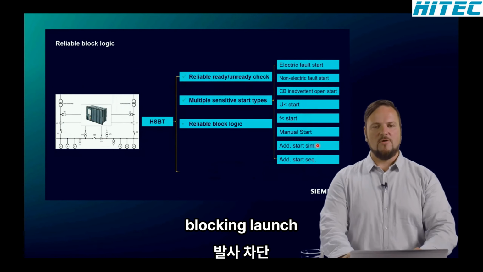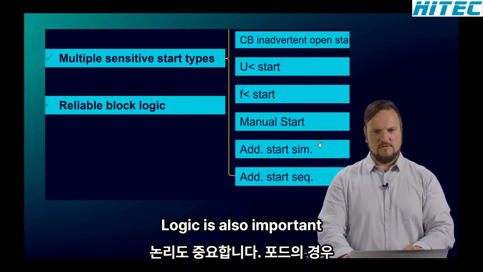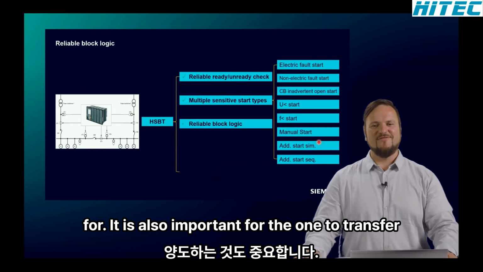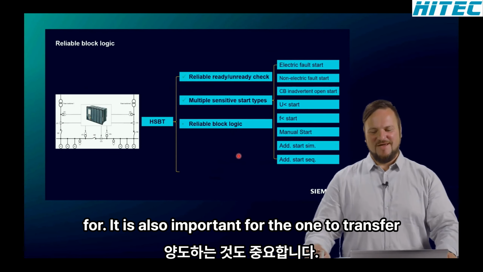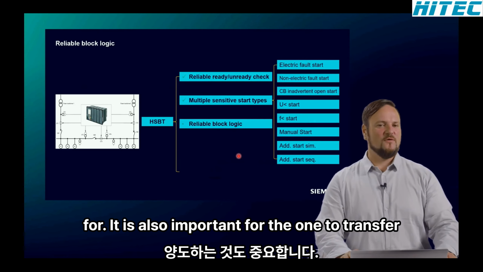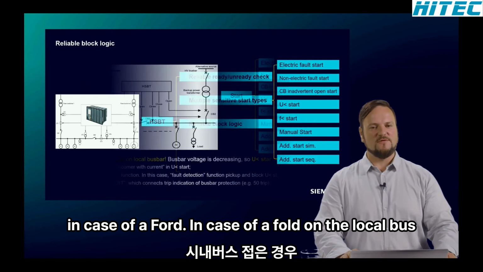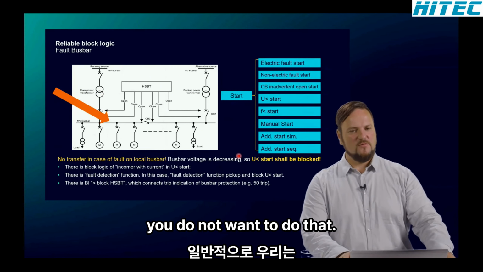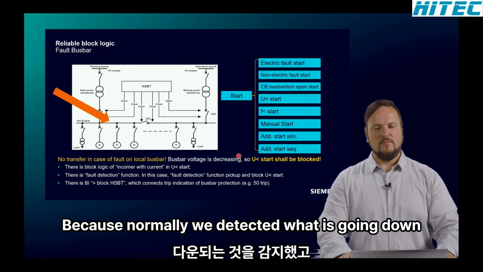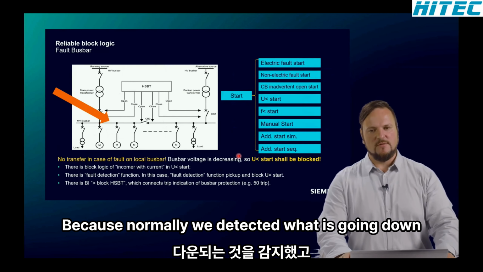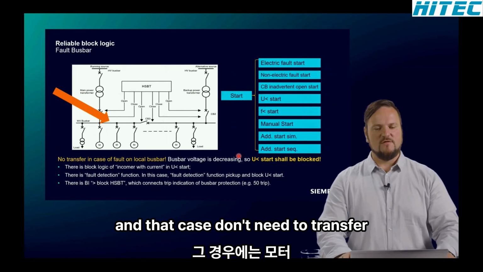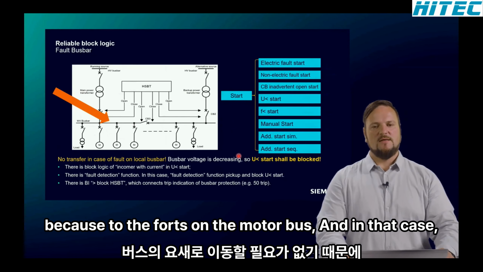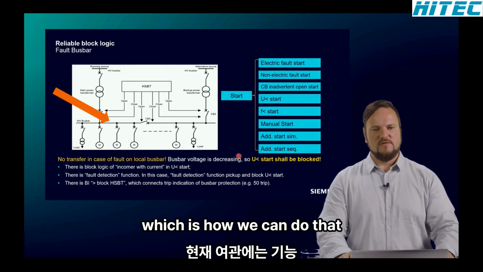Coming to the blocking logic, which is also important for the HSPT function, because we do not want to transfer in case of a fault. In case of a fault on the local bus bar, we do not want to do that, because normally we detect the voltage going down, and in that case there is no need to transfer because the fault is on the motor bus. In that case, we need to block the HSPT function.